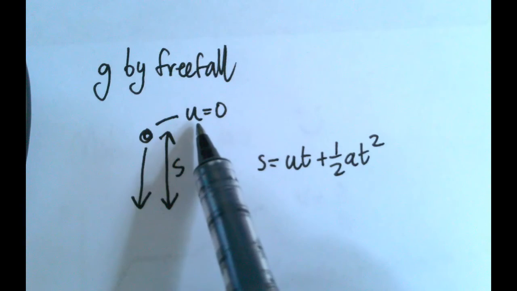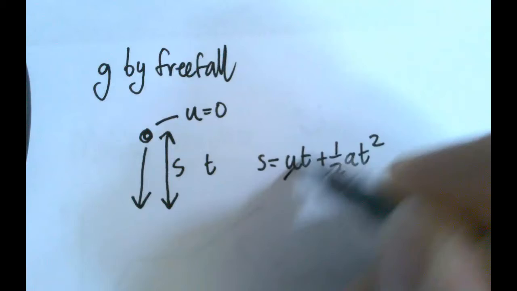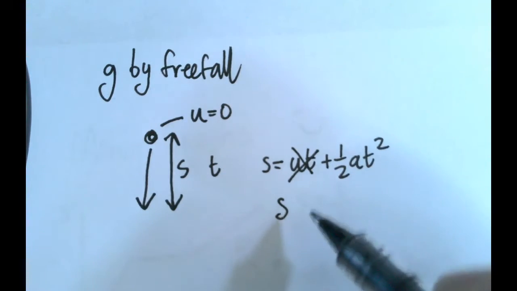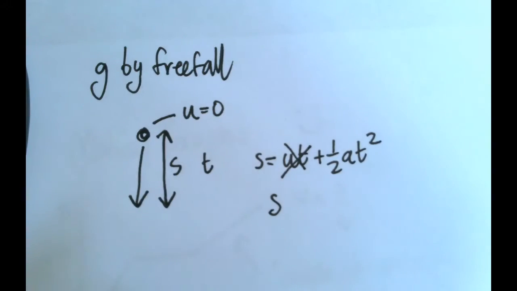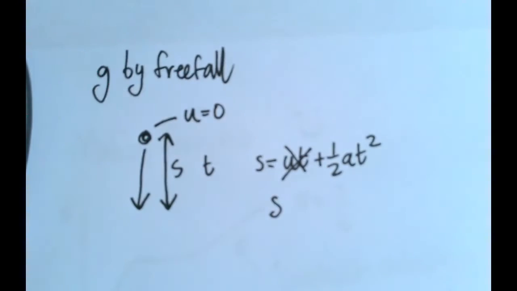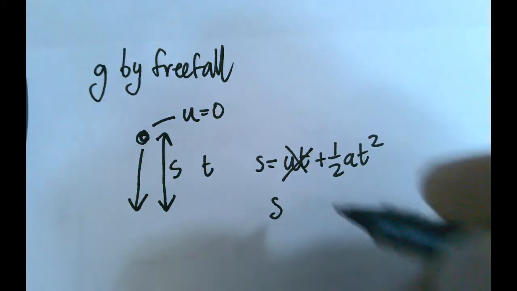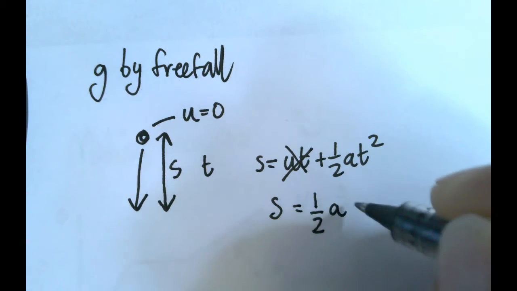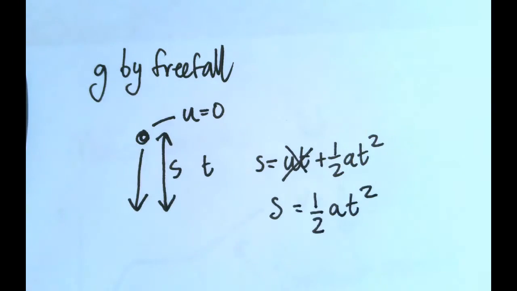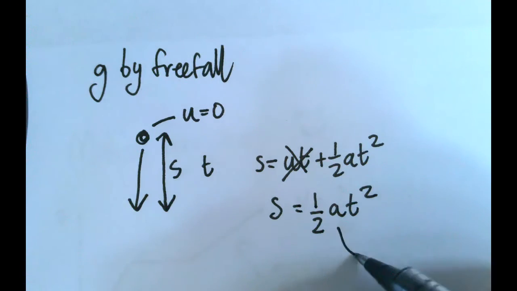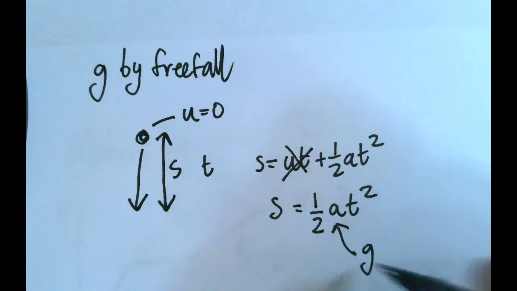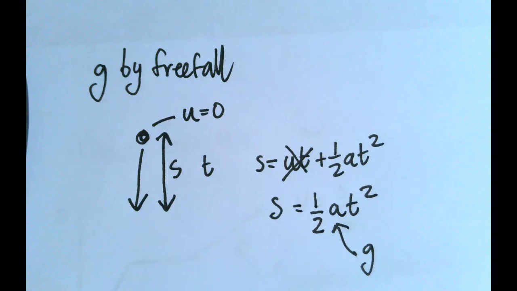Knowing that the initial velocity is 0, we lose that term and we get that the displacement, or the height that it falls through, equals half a t squared. And this a here is our acceleration due to gravity, or little g. So we can measure all these things and we could get a value.